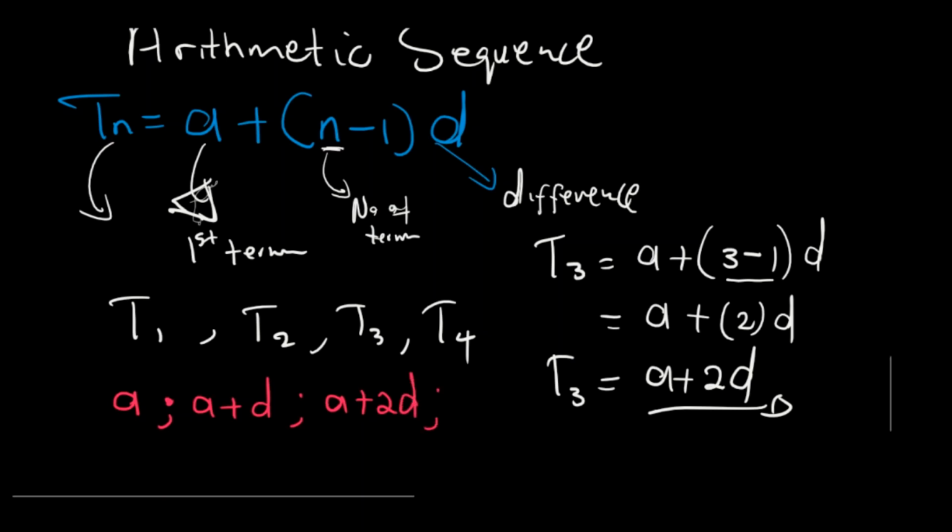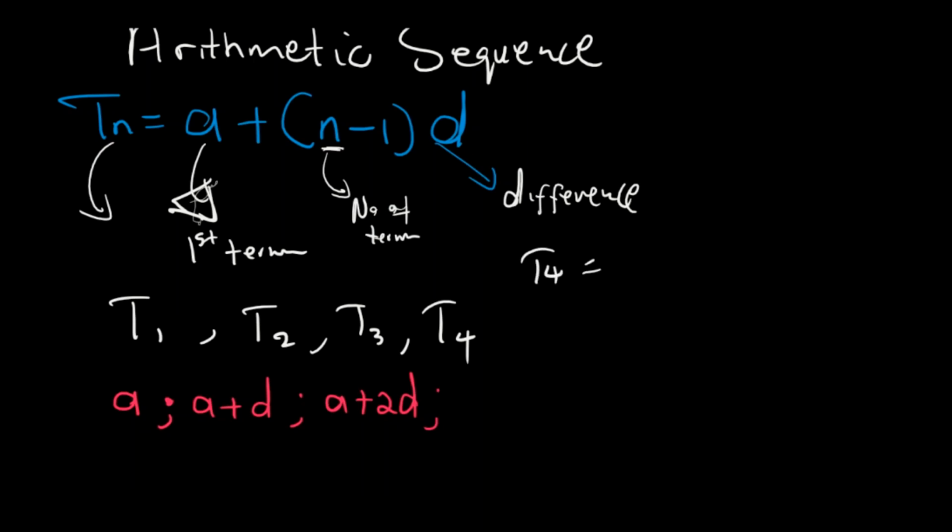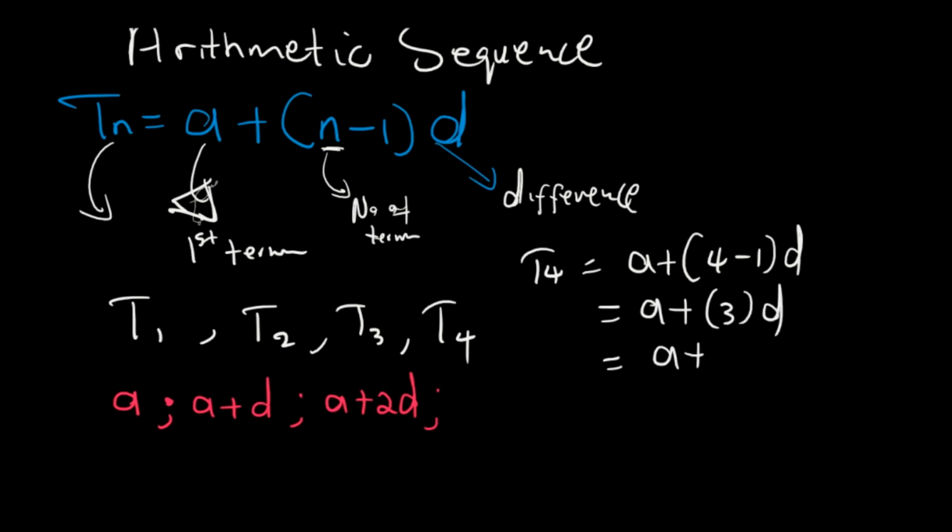And then term number 4, we're going to do the same thing. Substitute 4 where there's n to find term number 4. So it's T4 is equals to a plus (4 minus 1) multiplied by d. So it's going to be a plus 4 minus 1 is 3. So it's going to be 3 multiplied by d. So it's going to be a plus 3d. Right, term number 4.